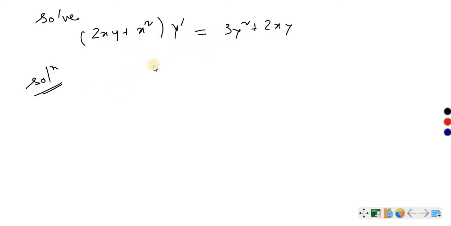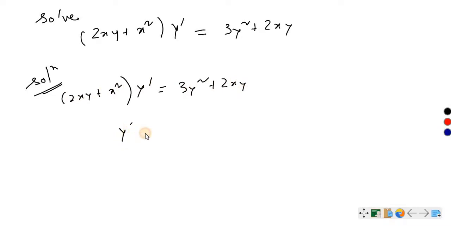So let us rearrange this. That is, we can write y dash. Okay, let me at first write the question, that is 2xy plus x square y dash equals 3y square plus 2xy. So this can be further written as y dash equals 3y square plus 2xy divided by 2xy plus x square.